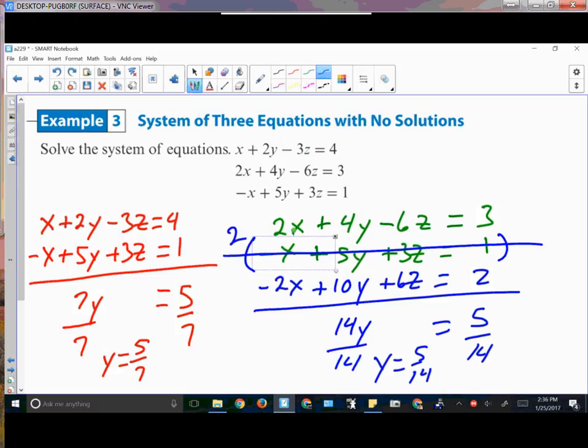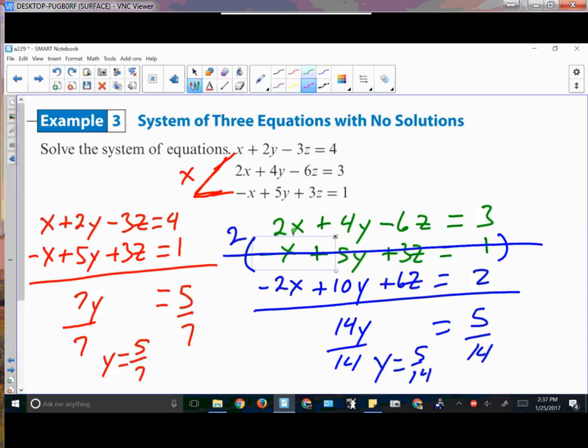Yes, but I solved 2 different sets of equations, right? I solved this equation here and this equation here. I solved that pair. And I wanted to get rid of the x's, okay? But when I got rid of the x's, I also got rid of the z's, didn't I? It just happened that way.